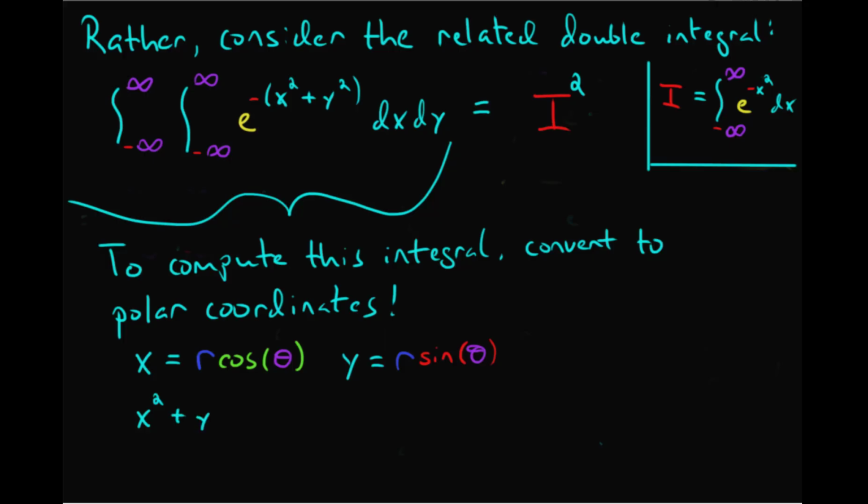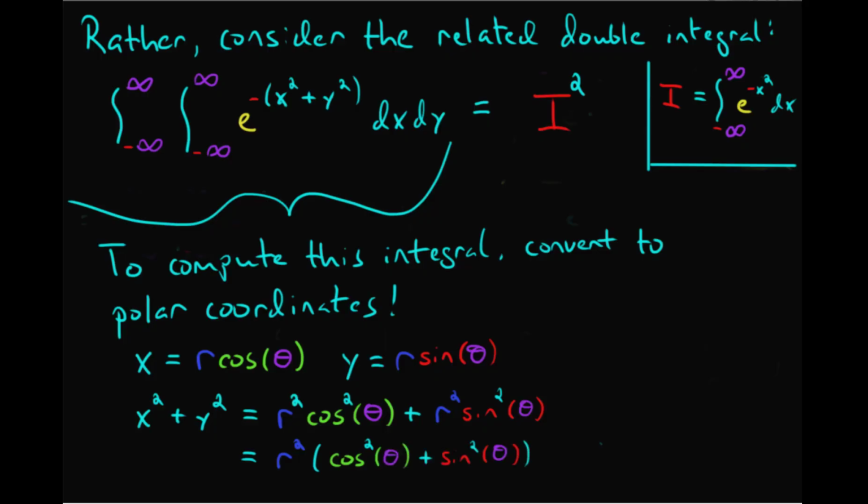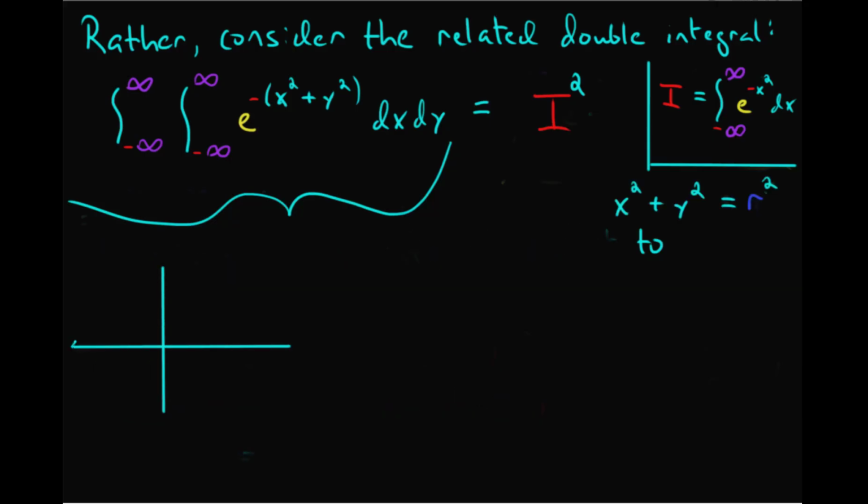And then we'll have x squared plus y squared equals r squared cosine squared theta plus r squared sine squared theta, which equals r squared times the quantity cosine squared theta plus sine squared theta, and by that famous trig identity, cosine squared theta plus sine squared theta equals 1, we have x squared plus y squared, of course, equals r squared. That's the Pythagorean theorem. So x squared plus y squared equals r squared.